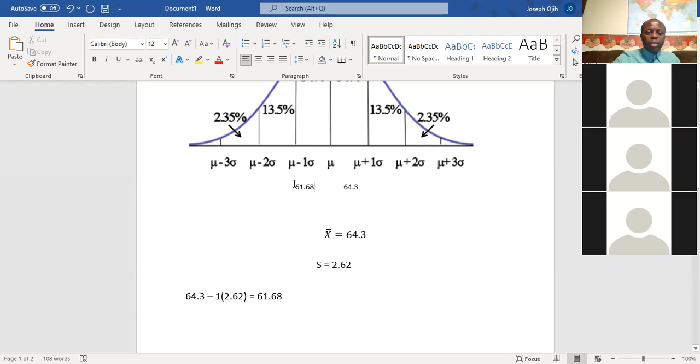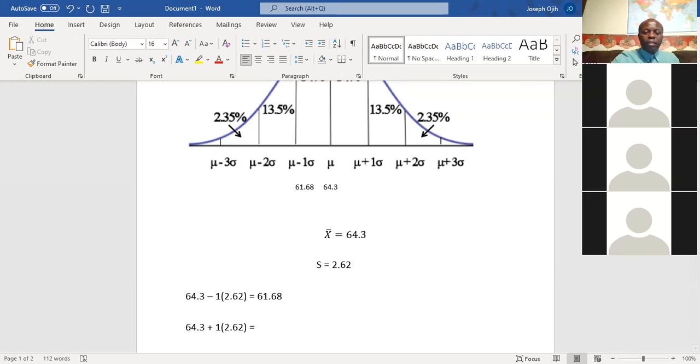So I'm gonna go back a little bit. Now you repeat the process for mean plus 1 standard deviation. So I'm gonna copy from here. 64.3 plus, so instead of minus, you put plus because you're getting this one here, 1 times the standard deviation 2.62.